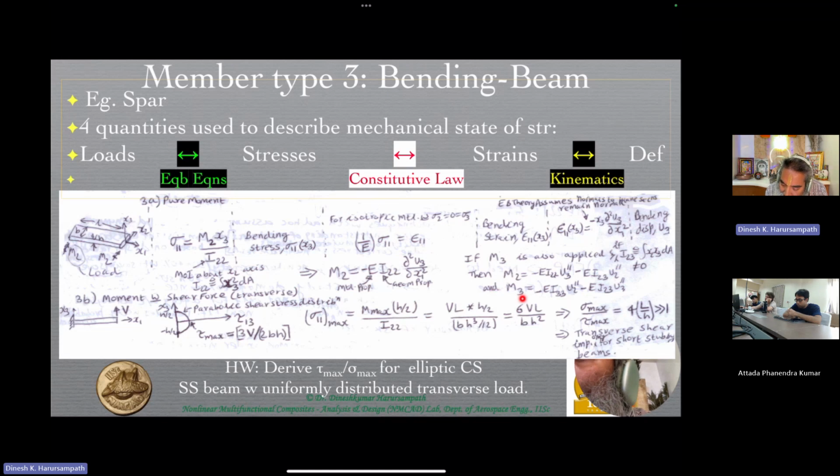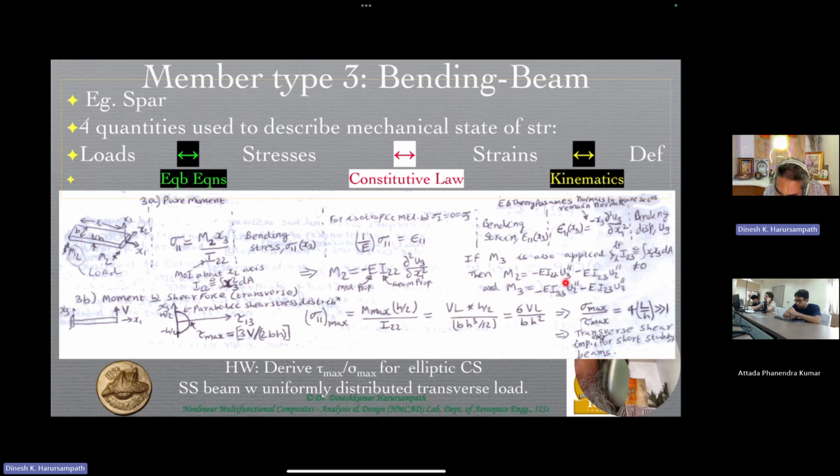And therefore, you will have both M2 and M3 related to both U2 and U3. Otherwise, if we had a doubly symmetric cross section, M2 will be related only to U3, and M3 will be related only to U2. When both M2 and M3 are present and you have an asymmetric cross section, then you will have a coupling.